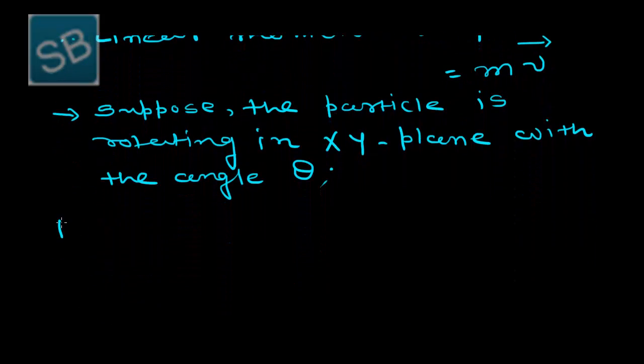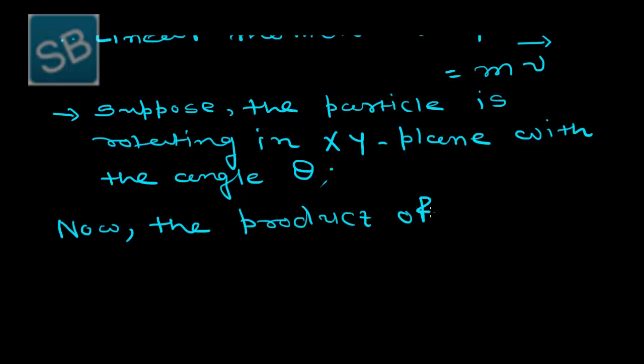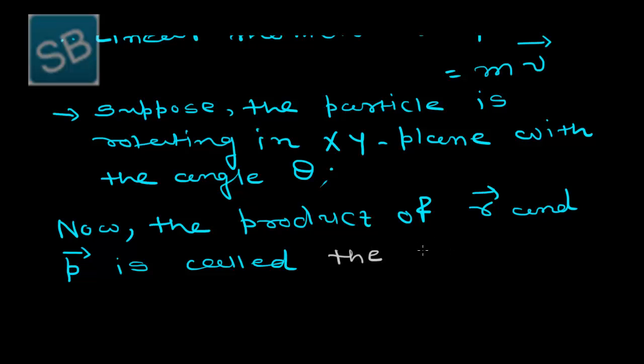Now, the product of the position vector r and the momentum p is called the angular momentum of the particle.